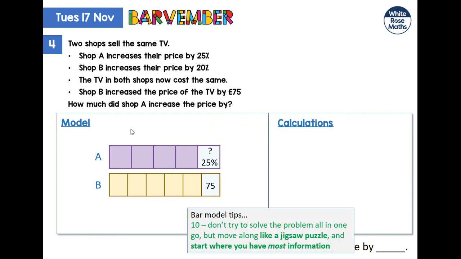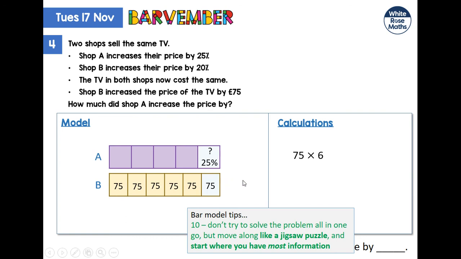So we're going to do our jigsaw puzzle technique and start where you have the most information. Well, the most information you have is what we've already started, and we've started with the 75. Well, we know that these are equal parts, so all of these must be 75. What do we now know? Well, equal parts suggests multiplication or division, doesn't it?